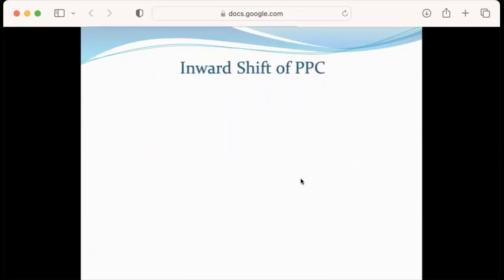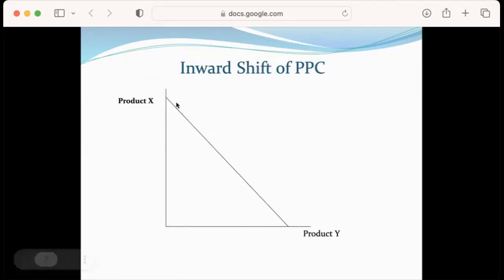Next, let's talk about an inward shift of PPC. As you can see here in this diagram, let's say at the moment this is the PPC of this particular country. The country can produce anywhere up to this boundary with the resources they have. But let's imagine something suddenly happened, like, for example, the countries affected by the tsunami in 2004.